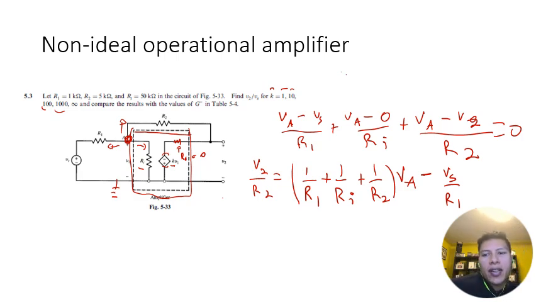Now we need an additional equation, as you all can tell here, because we have 3 unknowns and we only have 1 equation.